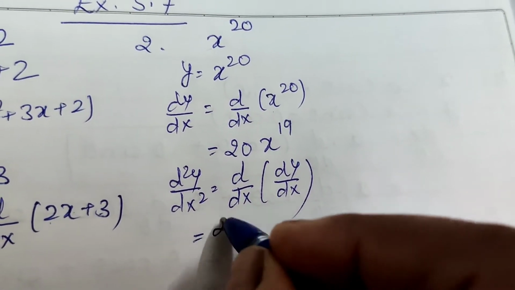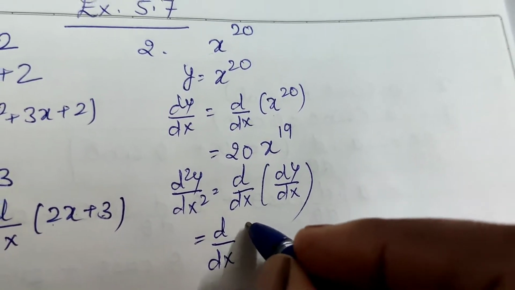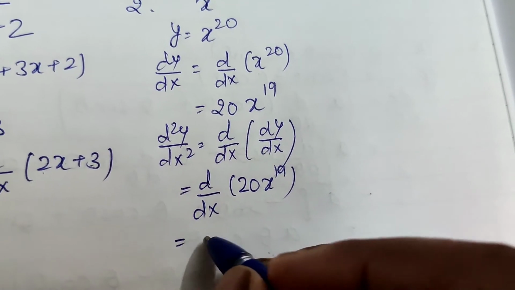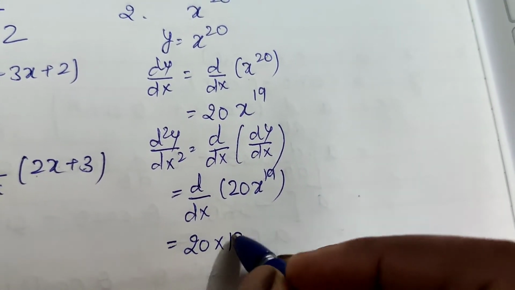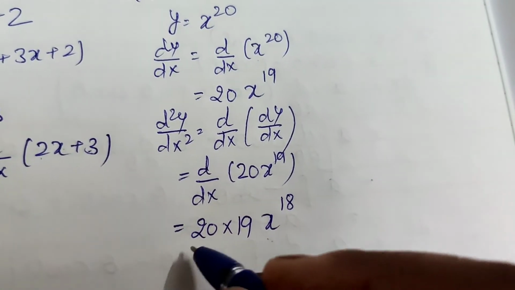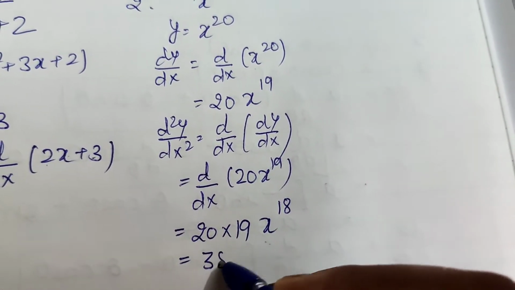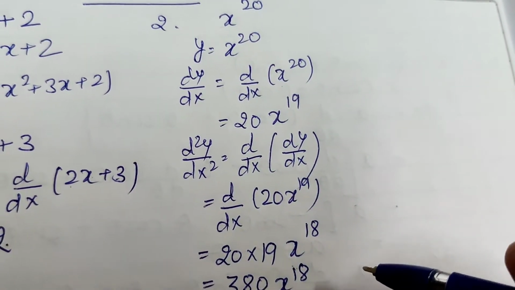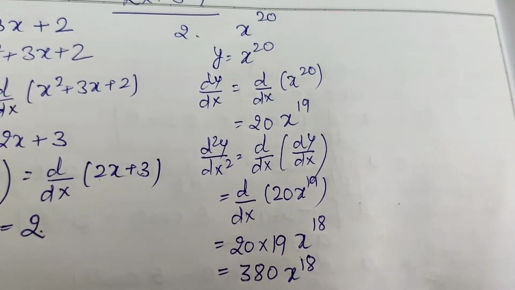It means d over dx of 20 x raised to power 19, which equals 20 into 19 into x raised to power 19 minus 1, that is 18. 19 into 20 is 380, so 380 x raised to power 18. This is the double differentiation of x raised to power 20.